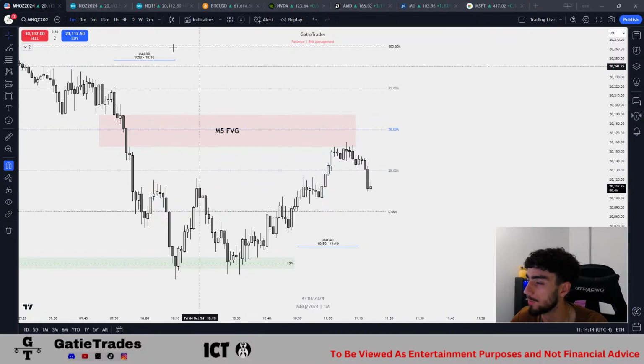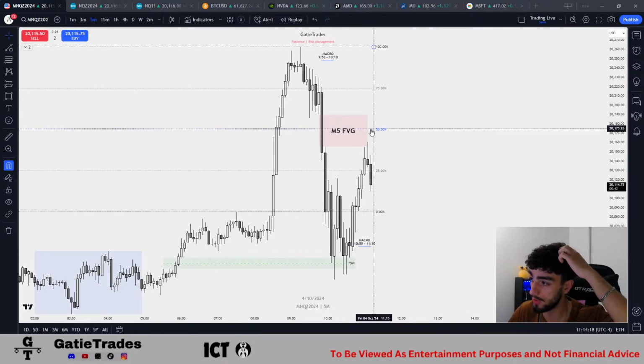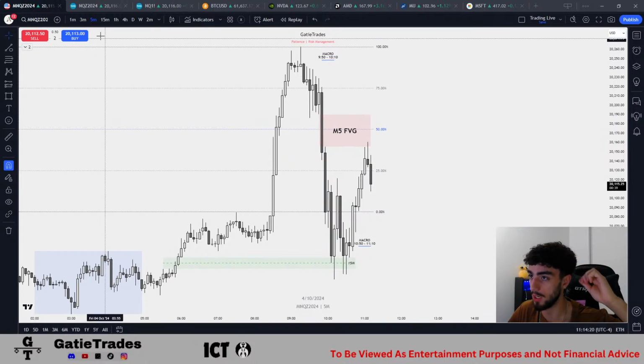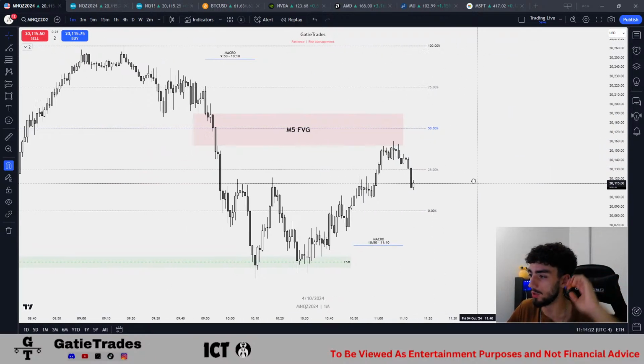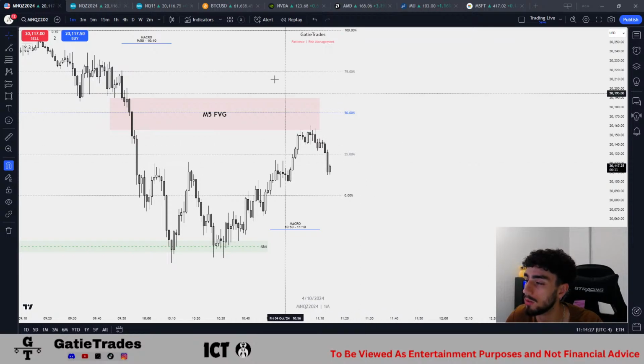It is starting to wick. The inverse to 5-minute. Yeah, that could just be it, you know? The OTE 5-minute entry there. Then we go lower. Looks like it'll go lower.